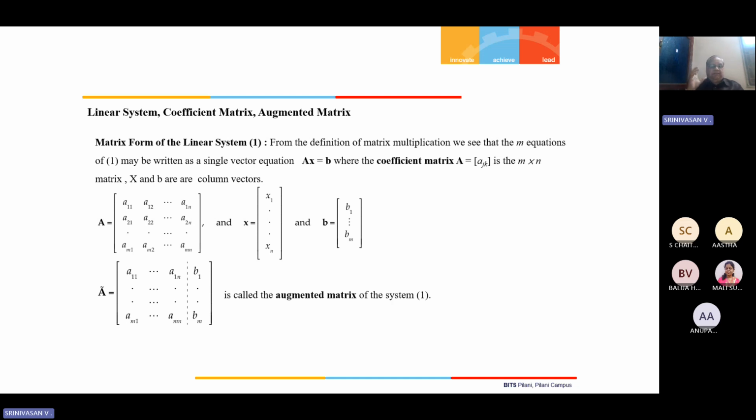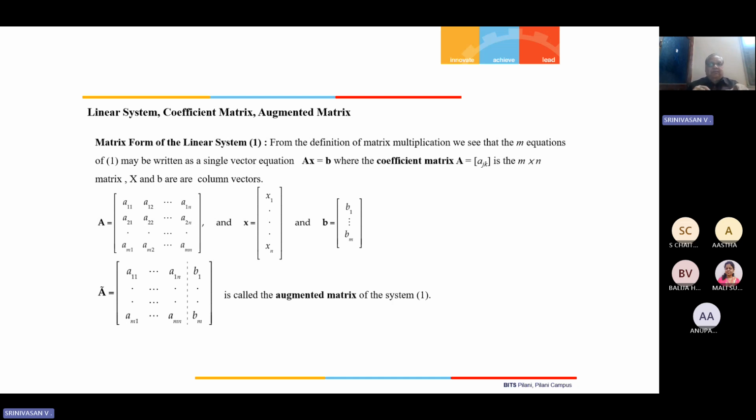So A, the matrix of coefficients, is an m by n matrix with m rows and n columns, and the system has m equations in n unknowns. Therefore, X is the column vector having n components x1, x2, etc., xn, and B is the column vector having constants b1, b2, etc., bm.